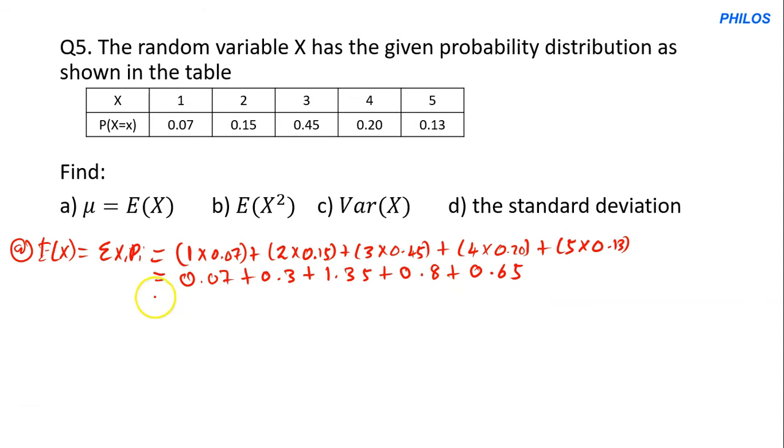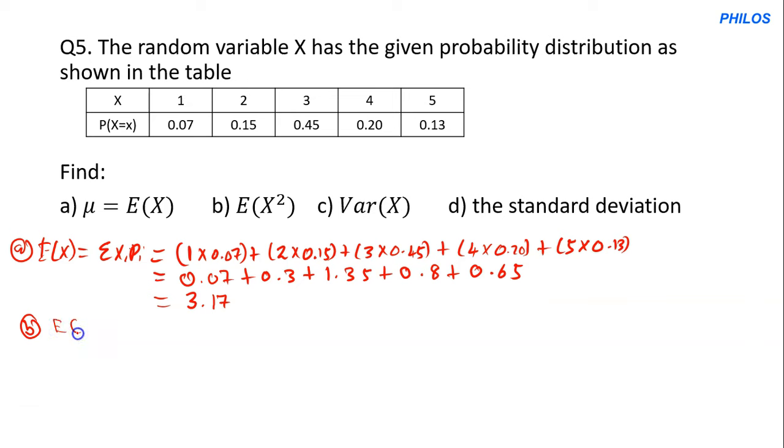So let's add them together. 0.07 plus 0.3 plus 1.35 plus 0.8 plus 0.65. Kindly check it for me. I think you get 3.17. So let's look at question B. Question B says we should find the expected value of x squared.